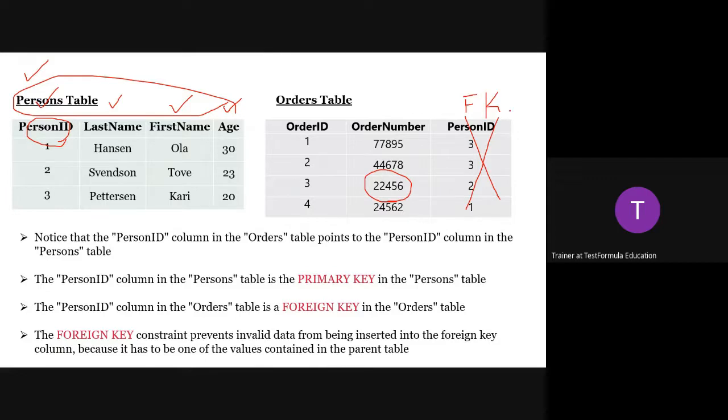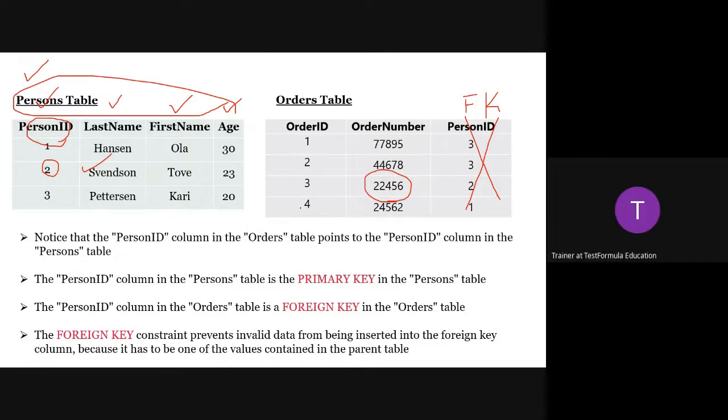Only the name will change, the column will remain the same. Now, if I ask you who placed order number 22456, you will come here, pick up 2, come here, identify 2, and say this person. We got the answer? So connecting tables is important to access information across tables. Fair enough?